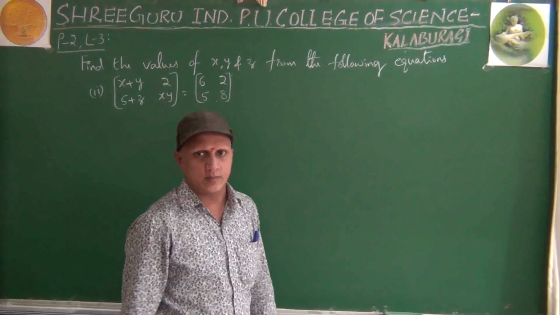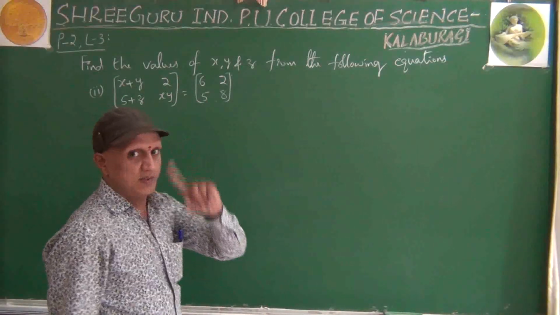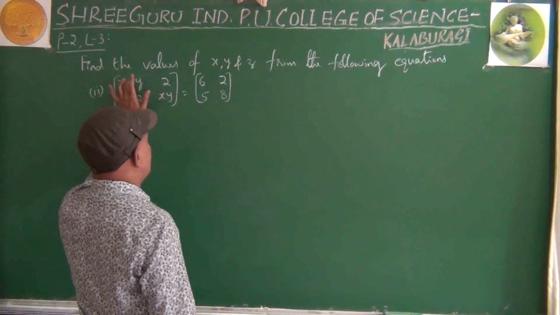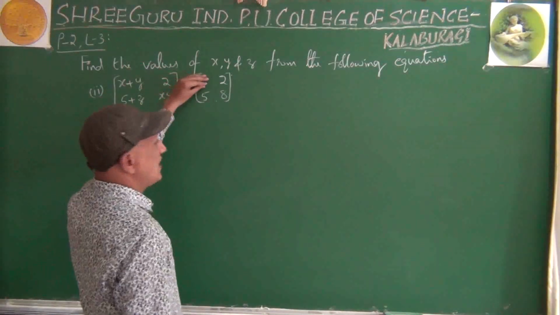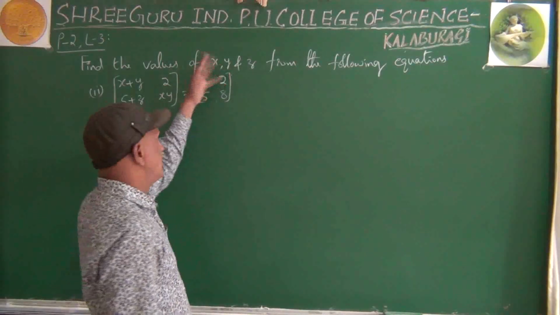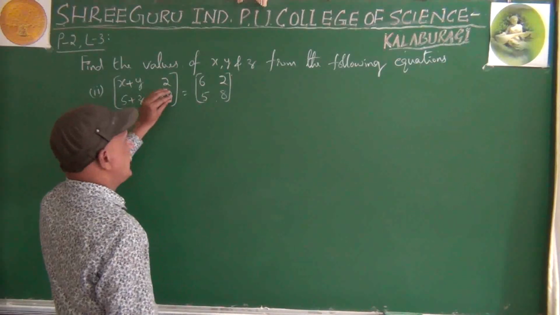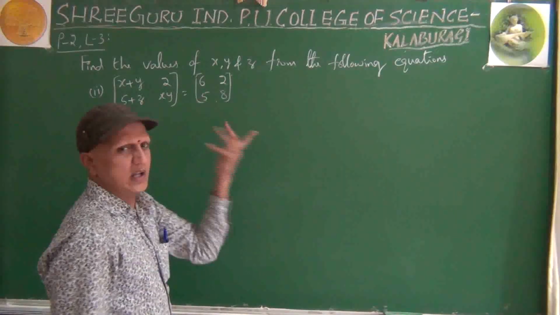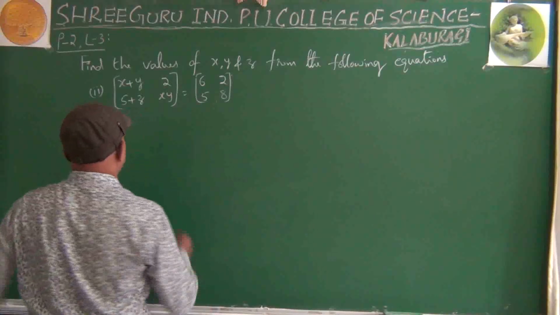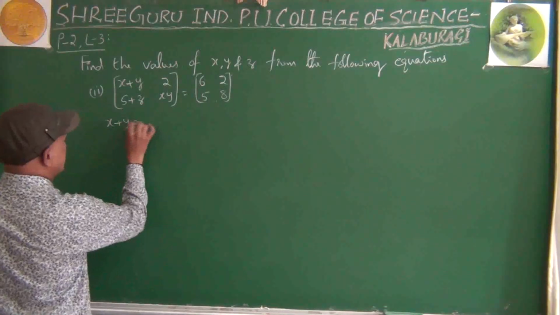Now, same as the previous question, equating the corresponding elements. Corresponding elements I already told: in this A11, in this A11. A12, A12 are both the same, not necessary. A21, A21, A22, A22, that we have to equate and simplify. A11: x plus y, and A11: 6.